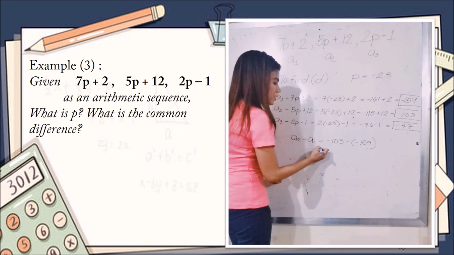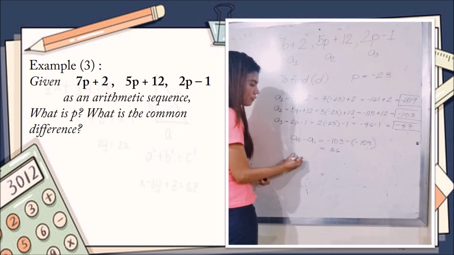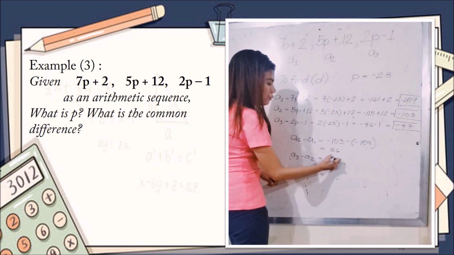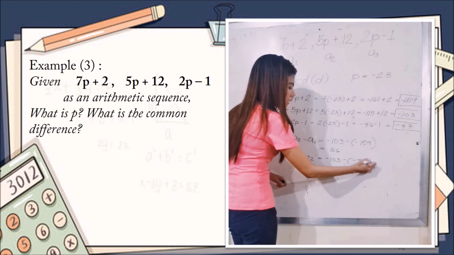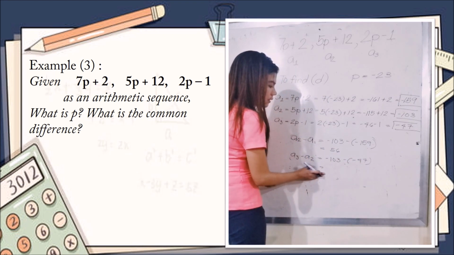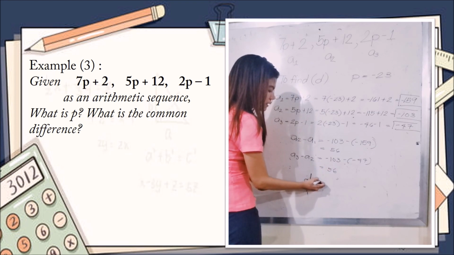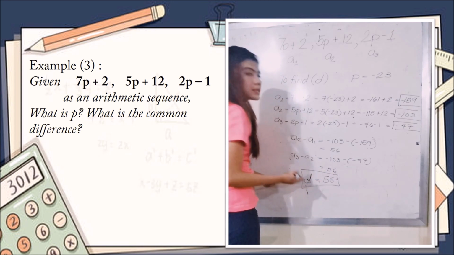The answer is 56. Next, a of 3 minus a of 2, we have negative 47 minus negative 103. So the answer is 56. Therefore, the common difference D is equal to 56.